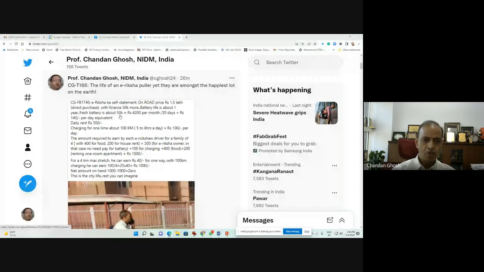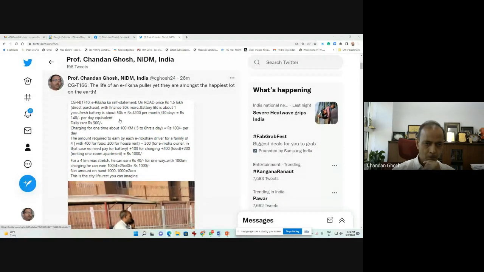How does it come? 50,000 for 1 year life divided by 12, so it becomes around 4,200 per month, and divided by day, it becomes around 140 rupees per day equivalent.